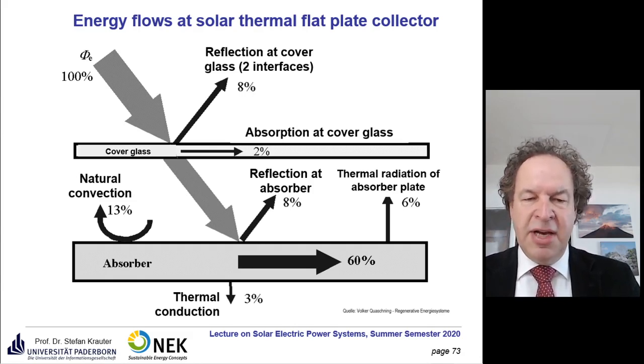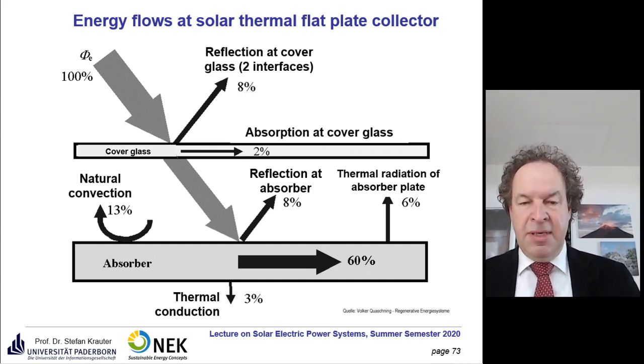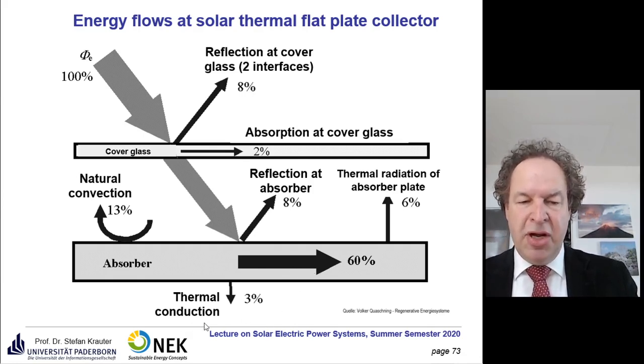As I told, the absorption is not perfect, so we have some losses there, here about 8%. And then it gets transformed into thermal heat flow. So we profit 60% of that. So this is our efficiency here. But we have also thermal losses here.